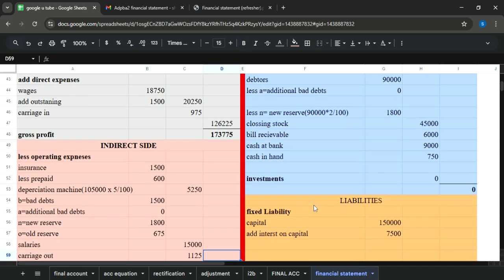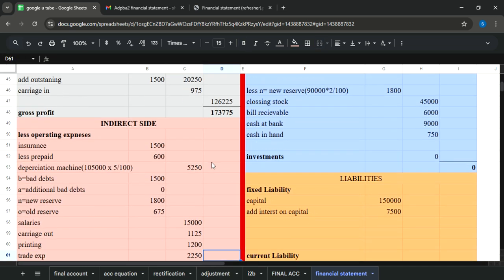Now we will see all adjustments should be present on the indirect side. Here you can see that 1500 was insurance, prepaid was to be subtracted, and then bad debt adjustment needs to be completed. First bad debts, then add additional bad debts, then add new reserve, then subtract old reserve. So we have got 2625 bad debts.